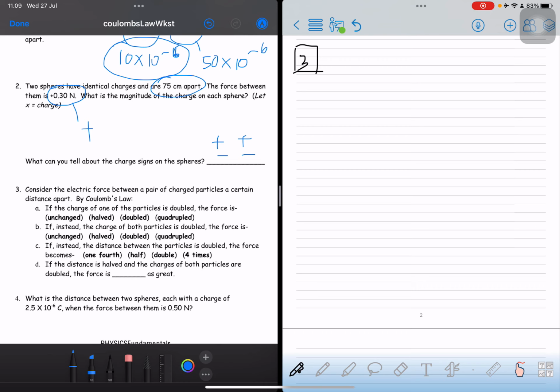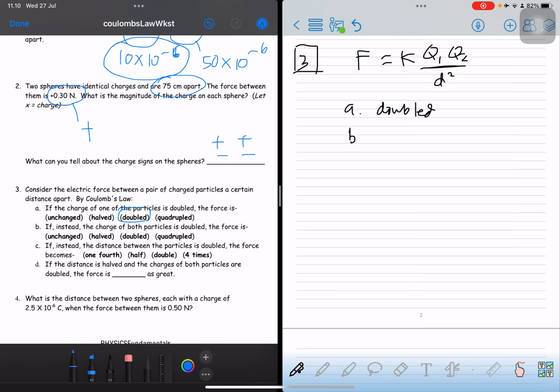A: if the charge of one of the particles is doubled, the force is... We still use this formula, F equals K Q1 Q2 divided by D squared. So when Q1 is doubled, F is also doubled.